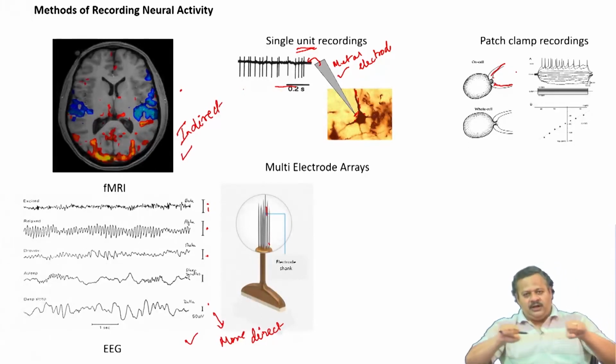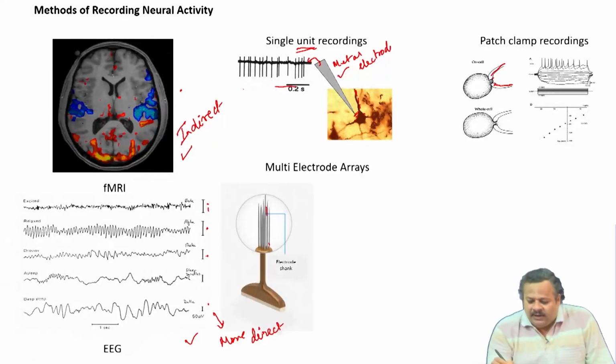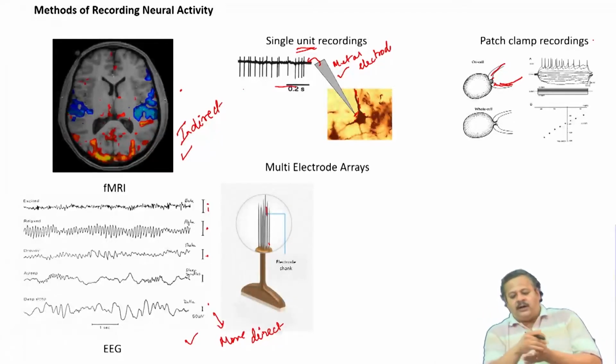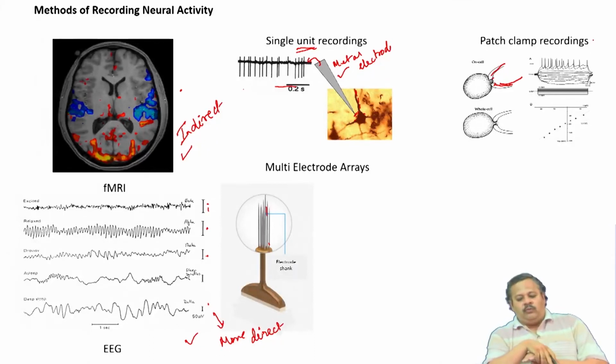The glass capillary is pulled and broken to make this hole, and these glass capillaries have a metal inside the lining of the glass, and that metal provides the electrical connection from the electrode tip. When we are able to look at the neurons through a microscope, if we are recording from brain slices, then we can use these methods, or by blindly going into the brain also we can perform this method and gain access to the membrane potential.